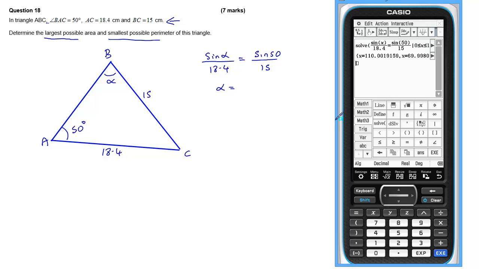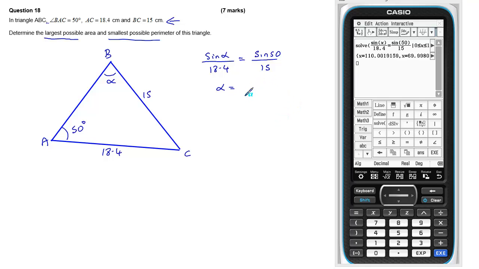So that gives me 110.0 degrees or 70.0 degrees, correct to one decimal place. So we could have that this one is 110, and we could have that it's 70.